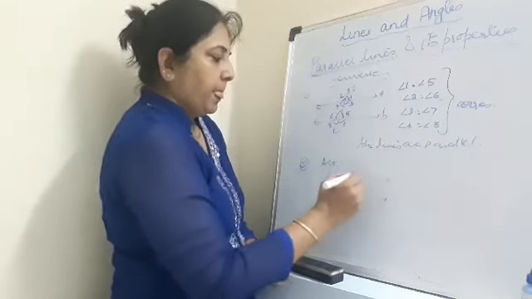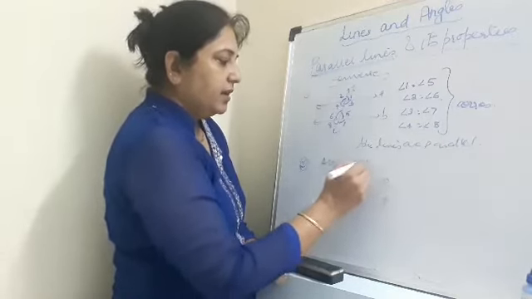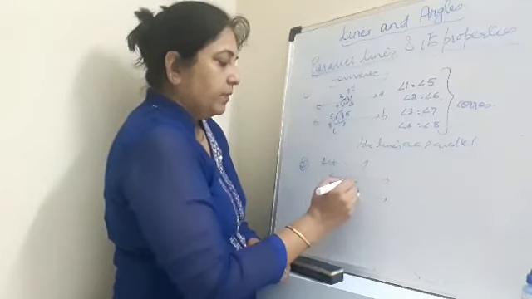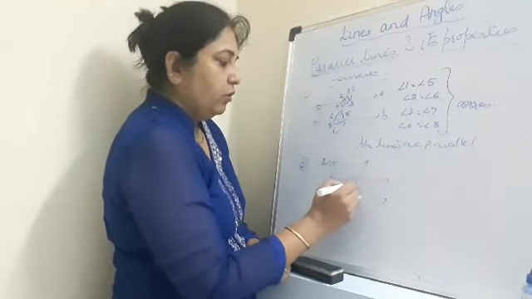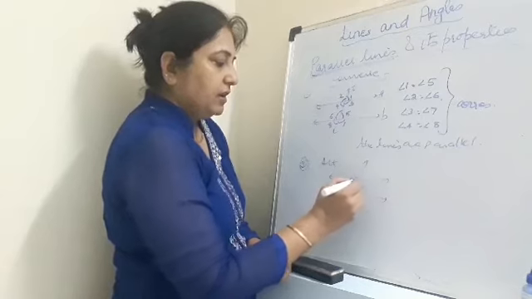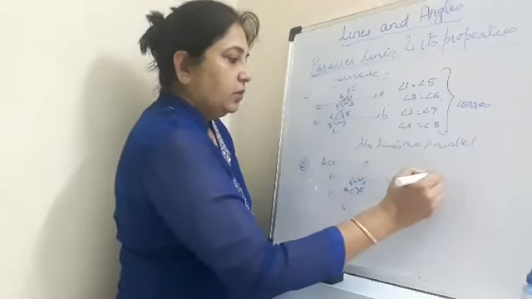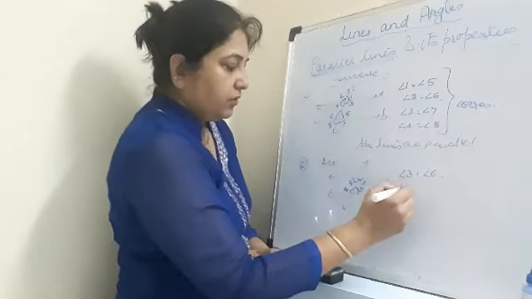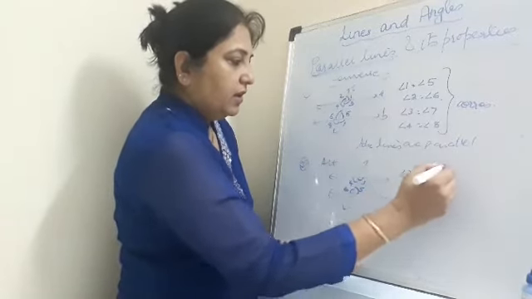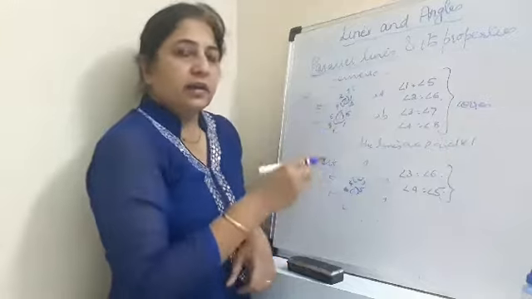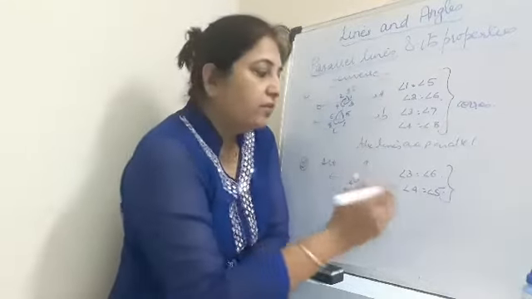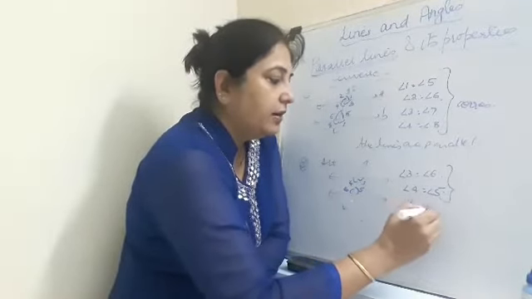Same way, if the alternate interior angles are equal, like suppose this is 1 2 3 4 and this is 5, this is 3 and this is 6. So if it is given that 3 is equal to 6 and it is also given that 4 is equal to 5, when the alternate interior angles are equal, then we can say that the lines are parallel.